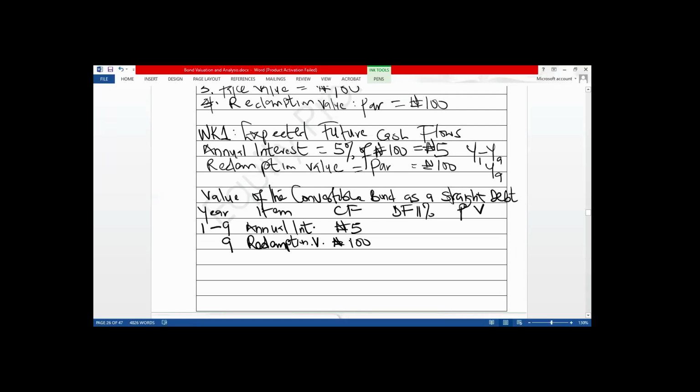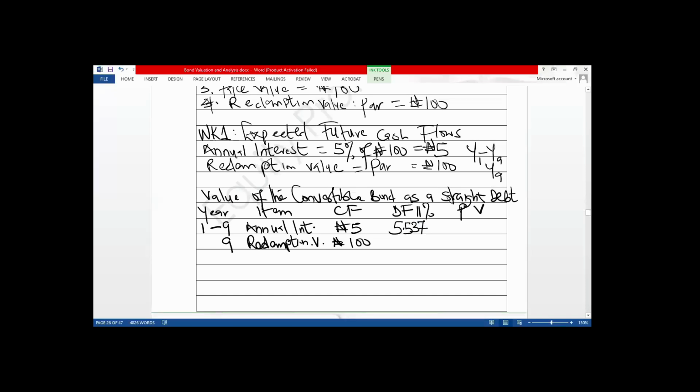Annuity factor, year 1 to 9. That's 5.537.